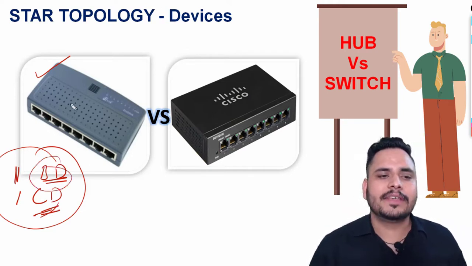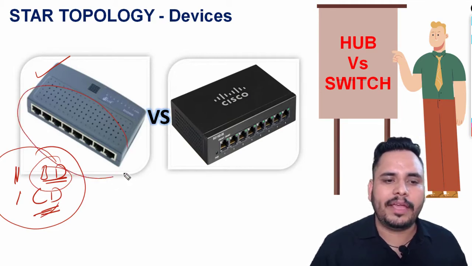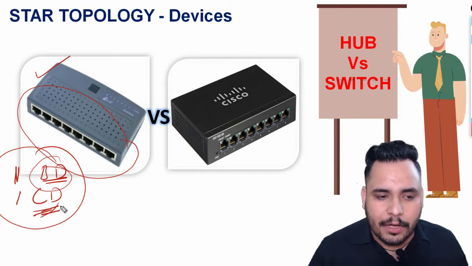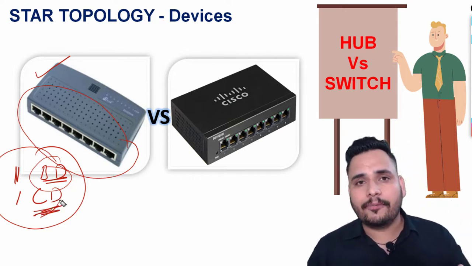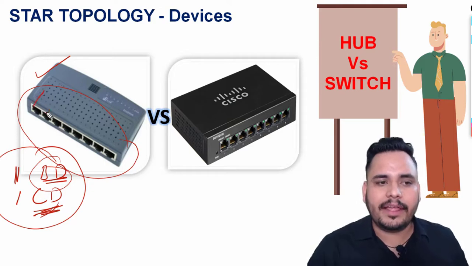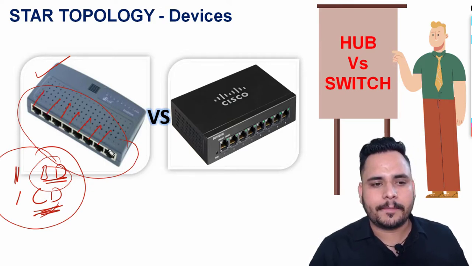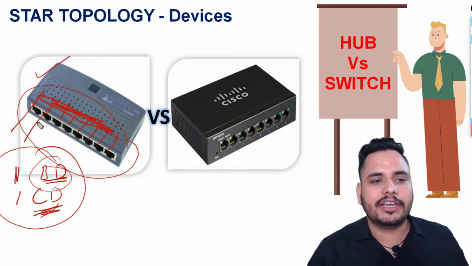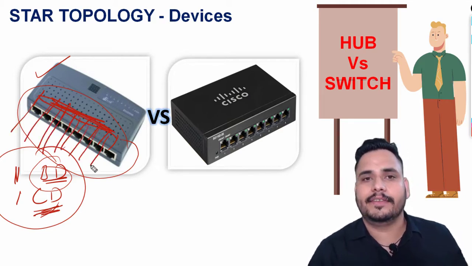Broadcast domain means one domain in which all the devices are associated. Collision domain means the path from one PC to another PC. So in a hub, there is only one path for all the data communication between all the devices.